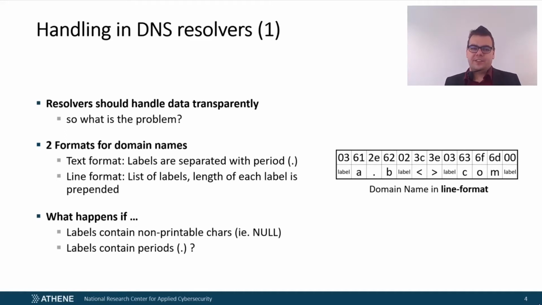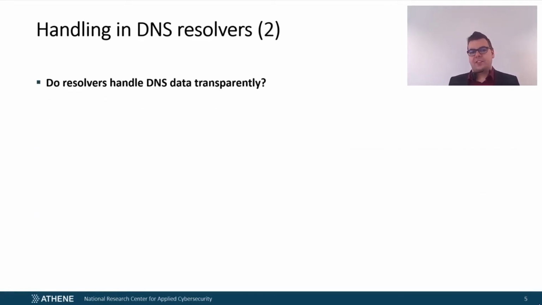And the point here is that the periods might be misinterpreted as a label separator, and the 0 byte, for example, might be misinterpreted as a string terminator. So the question is, basically, do resolvers handle the DNS data transparently, or might they stumble upon these special cases?